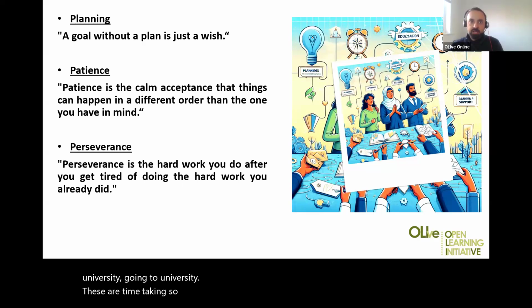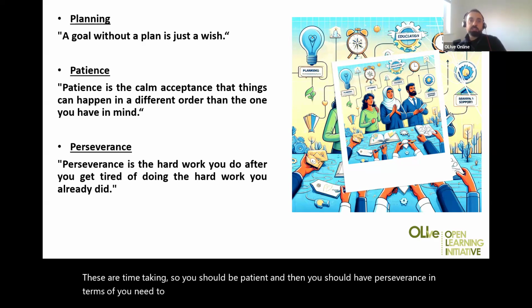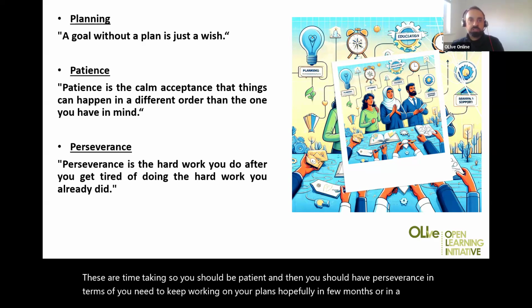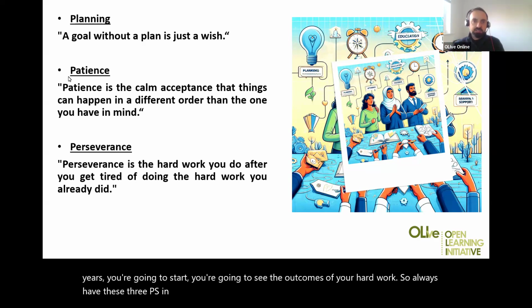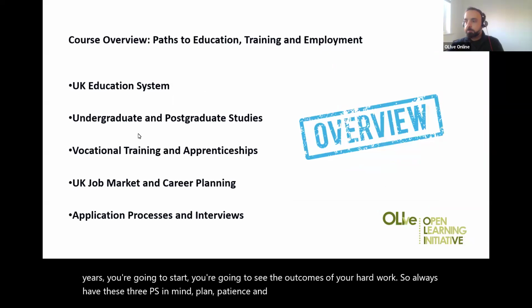So you should be patient, and then you should have perseverance, in terms of you need to keep working on your plans. Hopefully, in a few months or in a couple of years, you are going to see the outcomes of your hard work. So always have these 3 P's in mind: plan, patience, and perseverance.